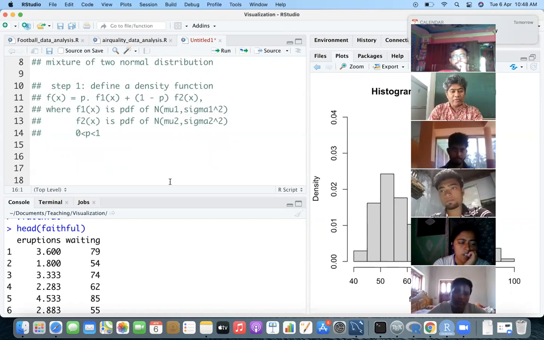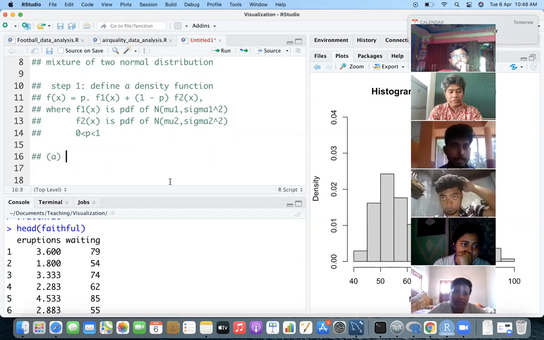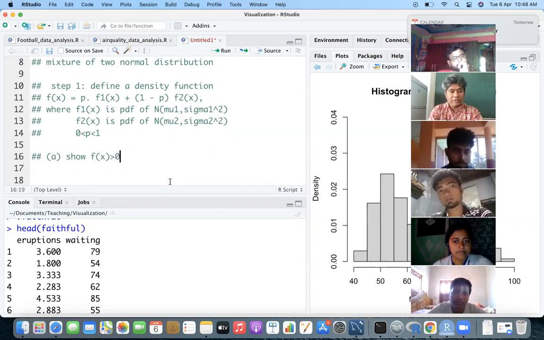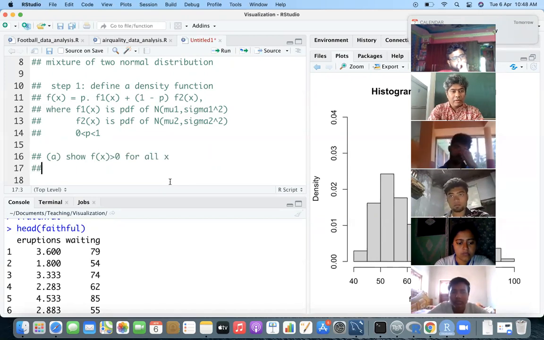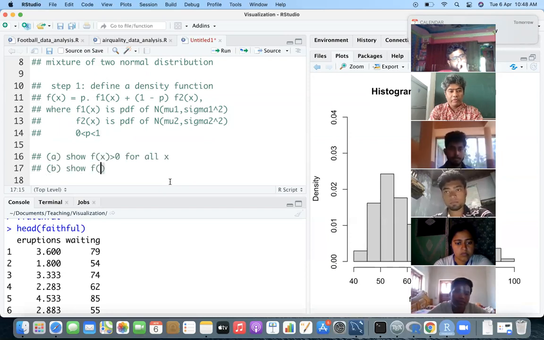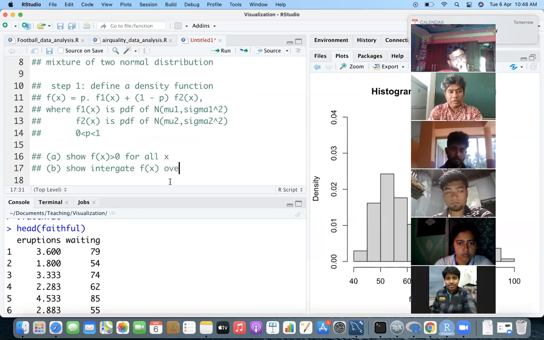So basically you have to show two things. One is you show f(x) is greater than 0 for all x, and B, you show the integral of f(x) over R should be 1.